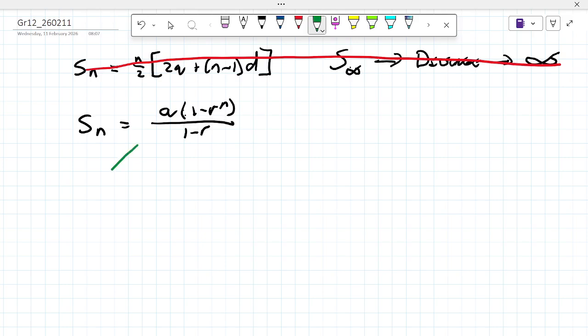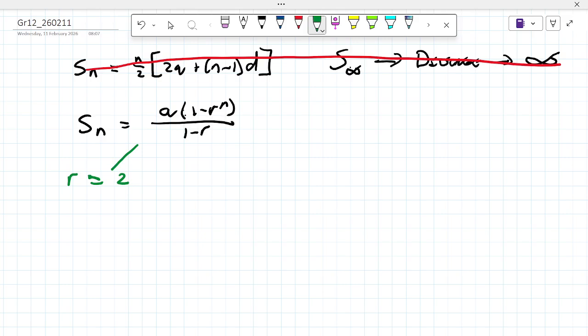Let's say that this r is bigger than, say it is 2, a positive number, right?